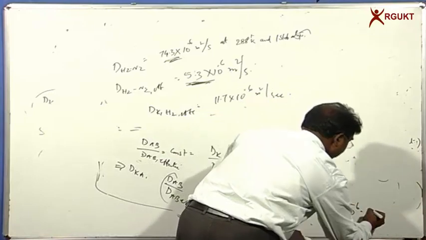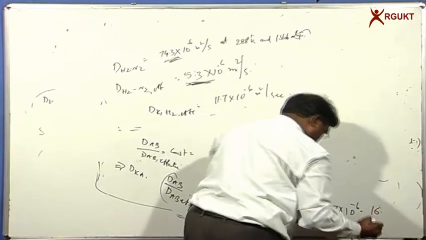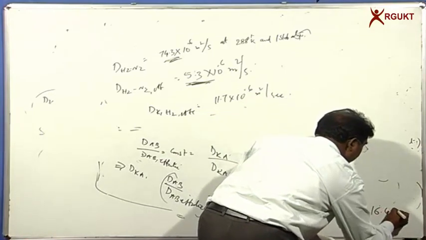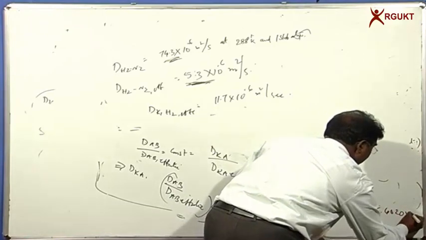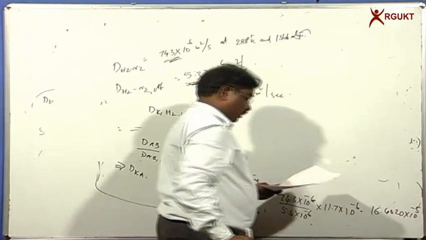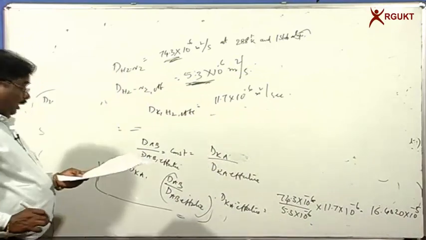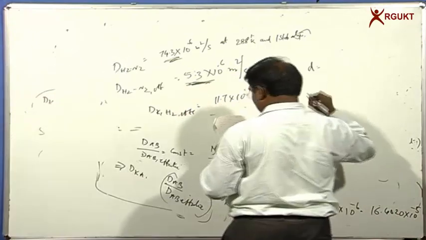That is going to become 16.4020 into 10 power minus 5 meter square per second.